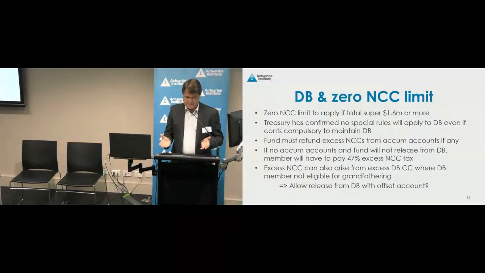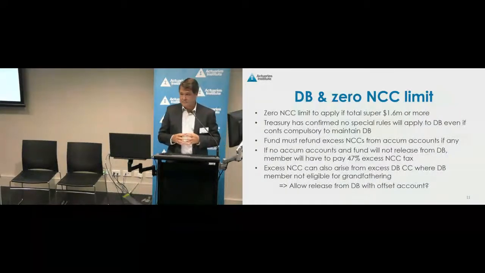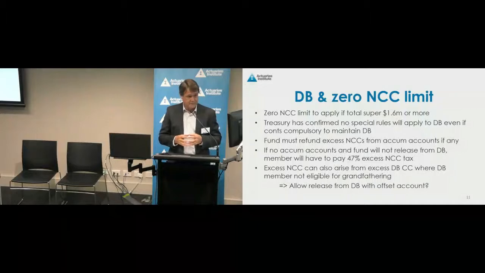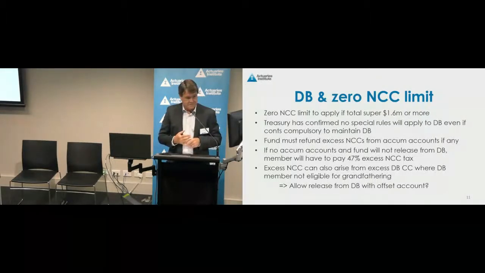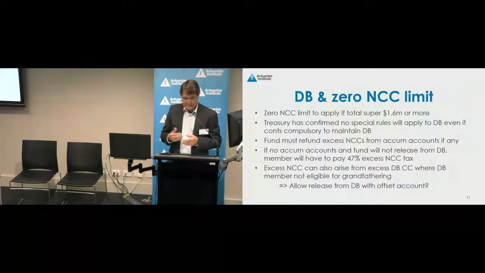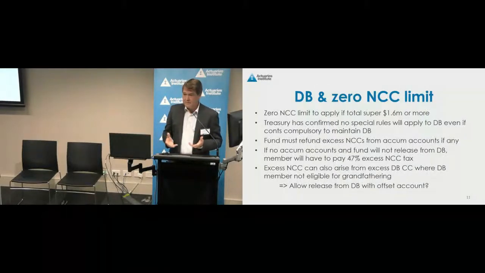The current rules don't make any exemptions for defined benefit arrangements under this scenario, and they basically say that you, the trustee, have to refund the excess non-concessional contributions. So that's a bit of a hassle if you've got a benefit design, like I just mentioned, with a fixed requirement for a member contribution. Because if you don't, those contributions are going to be taxed at 47%.